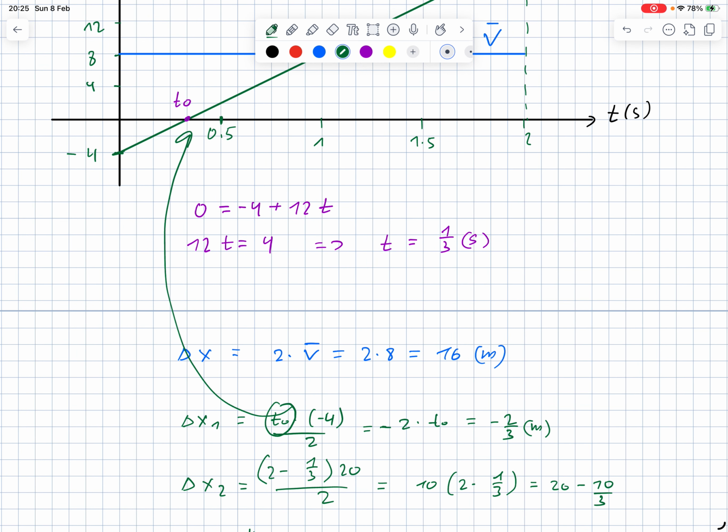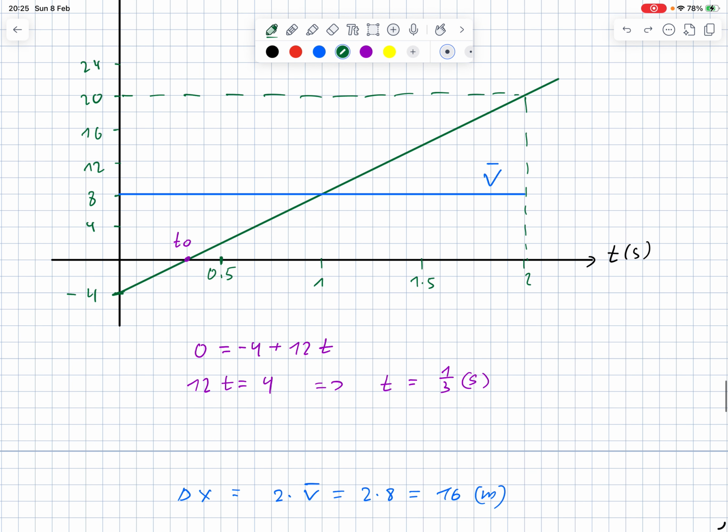Now how can we find this value? We can use the function of v of t, and we can substitute velocity equals 0, which is actually what is going on at this time, and we get that this time equals 1 divided by 3, or 0.333333 seconds. But I will use this expression.